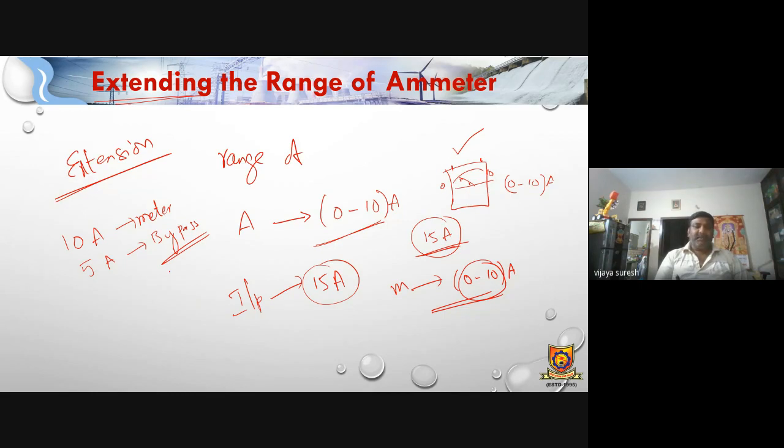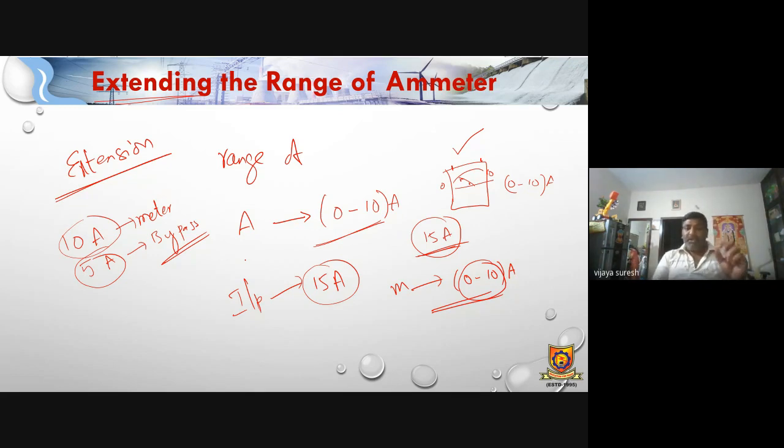Bypass means if the input current is more than the range of the meter, then the excess amount of current can pass through another resistor. So the 5 amps can flow through a resistor, and the remaining 10 amps is going to flow through the meter, because my ammeter is able to measure 10 amps only, but I am giving the input as 15 amps, right?